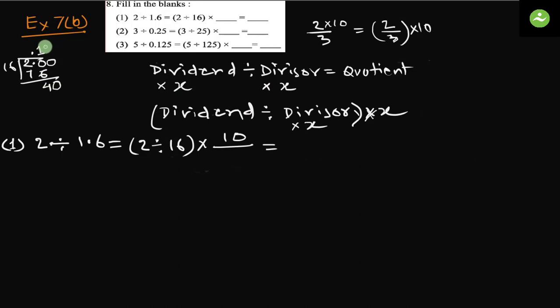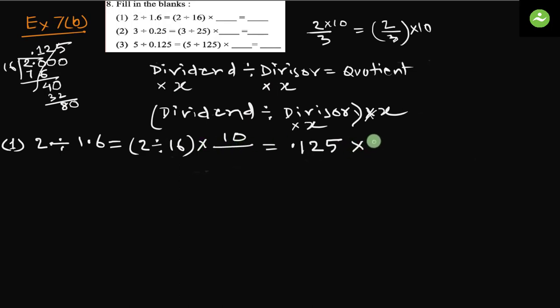2 into 16, 32. 8. Bring another 0, put another 0 and bring it down, 5. 0.125. This is the result of this division, but there was multiplication by 10.